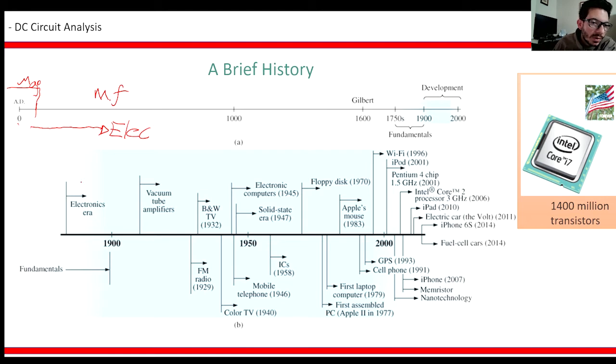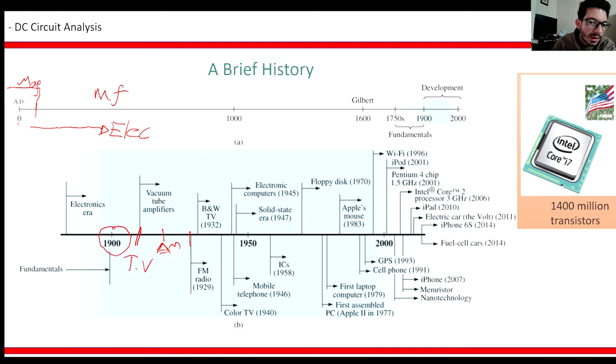But if we go to the interesting part, at 1900, we have the vacuum tube, which was in old amplifiers and old TVs. And we have radios, AM radio and FM radio. AM radio was first, and then we have FM radio.